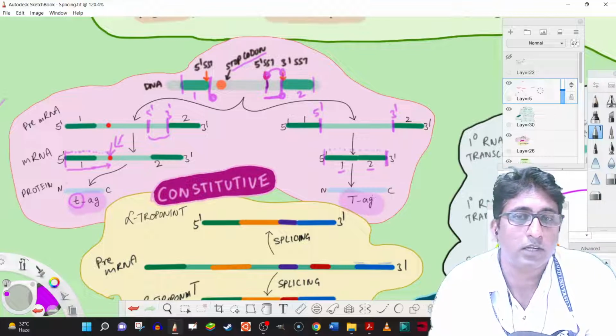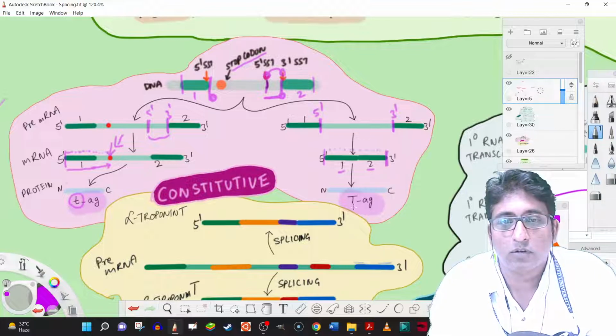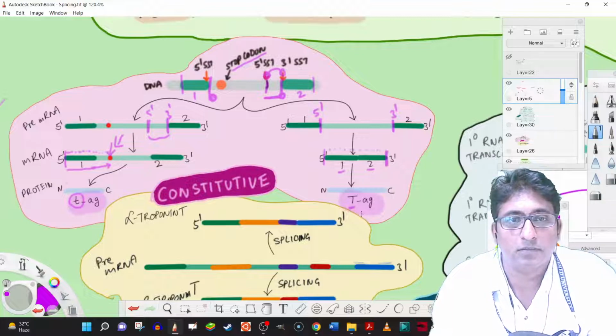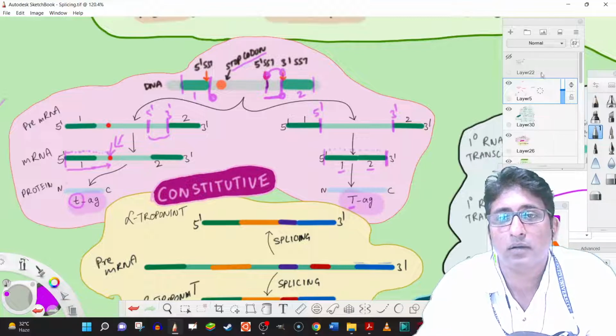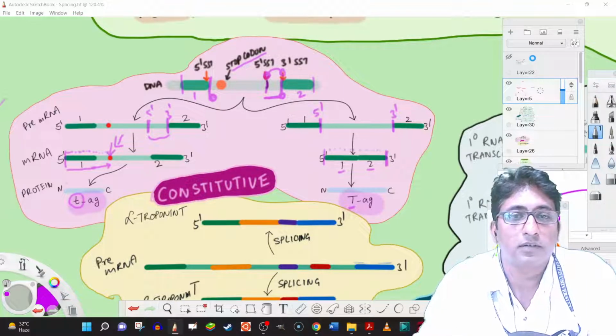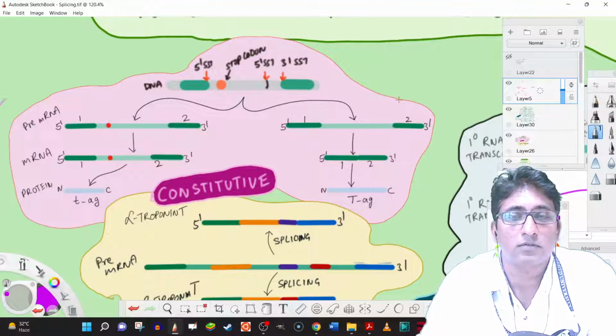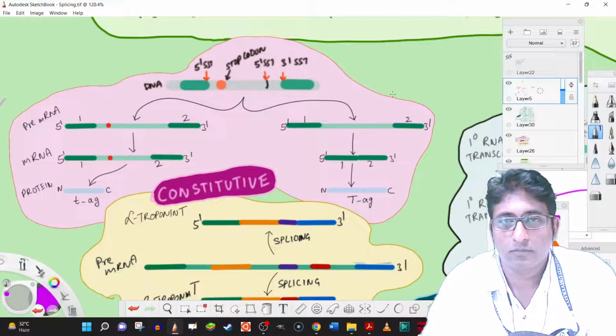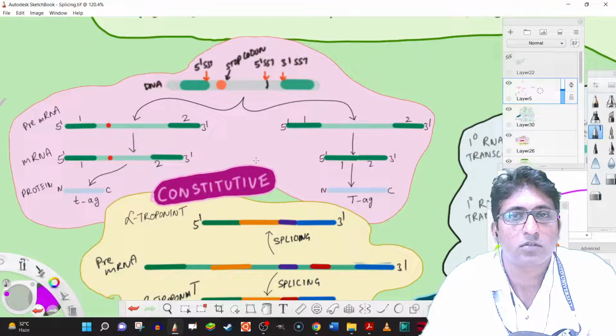Therefore, it produces a larger protein, which is the capital T antigen. So these two occur at the same time and continuously. You have two different proteins produced from one gene continuously, so we call it constitutive.